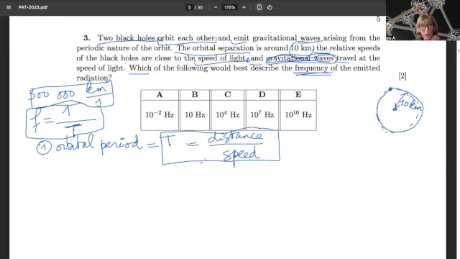Okay, so now we're going to calculate T. The distance is the circumference of the circle, which is 2πr, radius, sorry, divided by the speed of light, 300,000 kilometers per second.